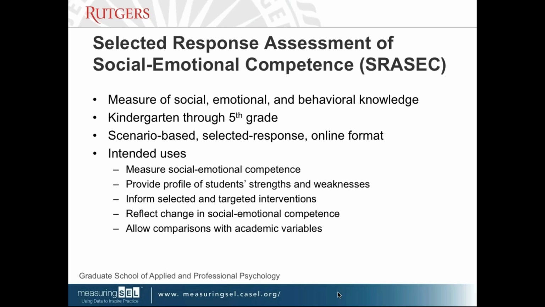Our intended uses, we have several listed here, but they all stem from the first one, which is to measure socio-emotional competence and to measure it well to reflect those internalizing and externalizing strengths and competencies. And if we do that well, we'll be able to provide a profile of student strengths and weaknesses. We envision having at least subscales for internalizing and externalizing characteristics in order to cater selected and targeted interventions.